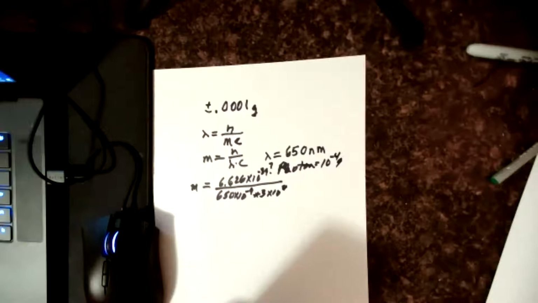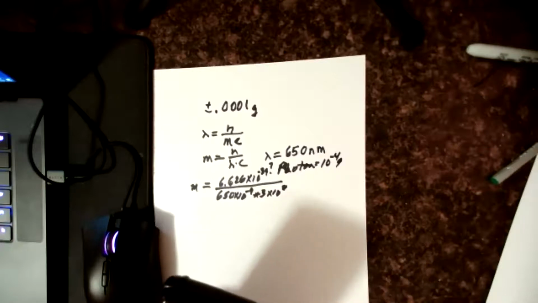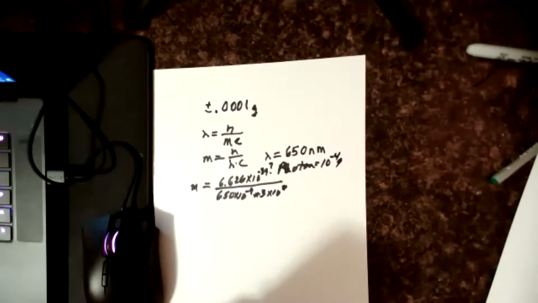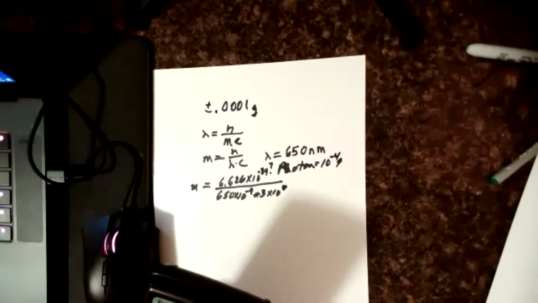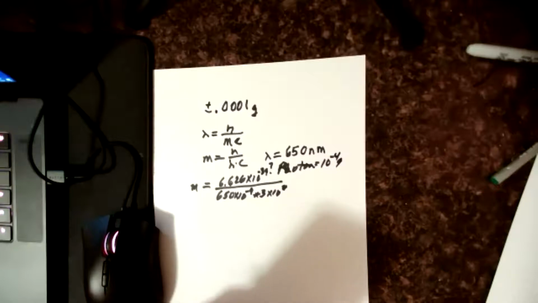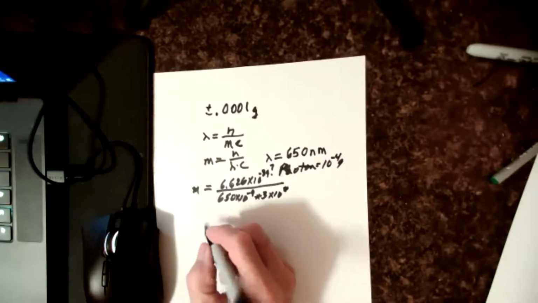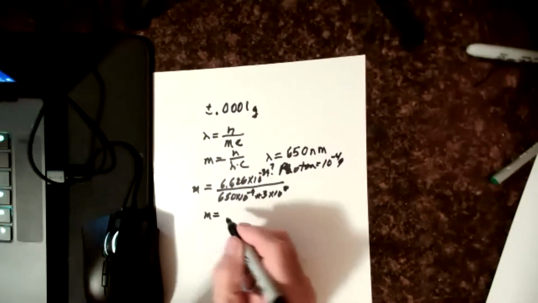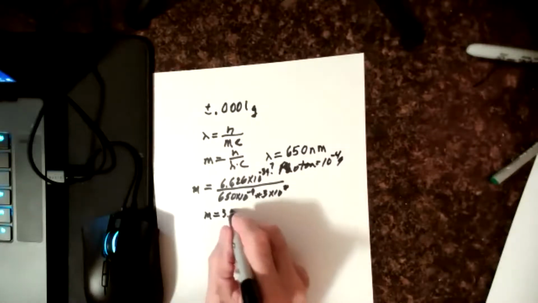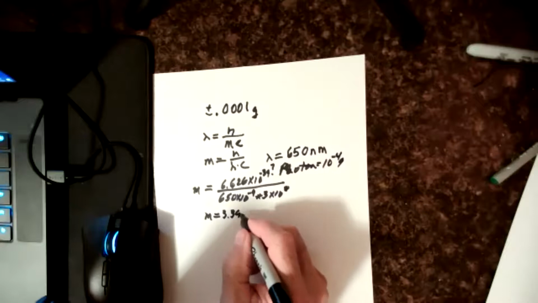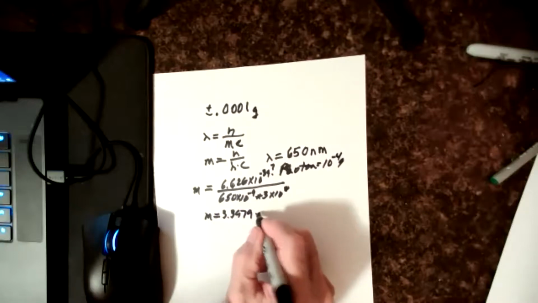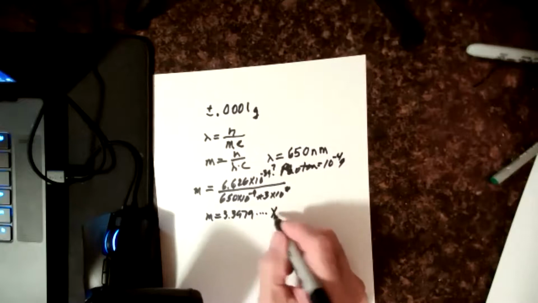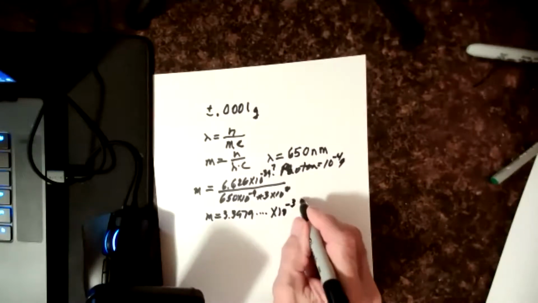I want to divide that by 650 with an exponent of negative 9, and divide that by 3 with an exponent of 8. That looks okay. And in this case, I get a mass equal to 3.3979 and some more digits times 10 to the minus 36.